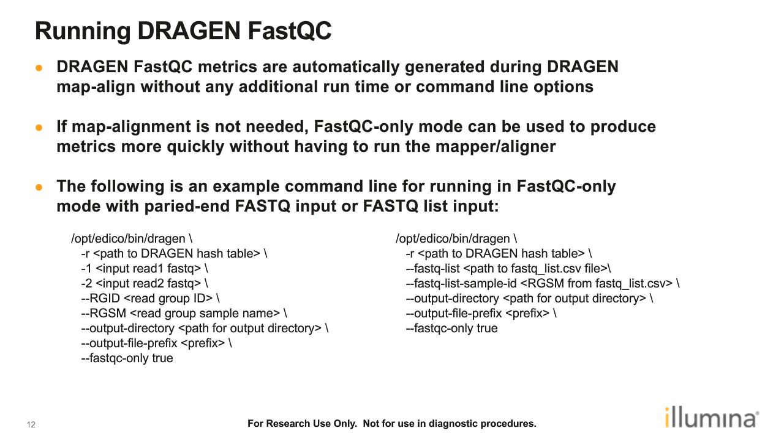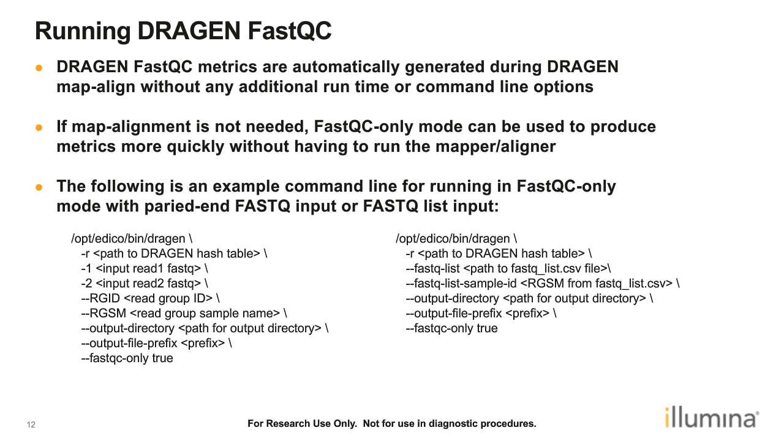And again, there are two options in which you can run DRAGEN FastQC. So one option is you get your FastQ files from BCL conversion, and you can run the FastQC on those FastQ files. And you could run it in a FastQC only mode, which means all that we do is generate FastQC metrics for you.